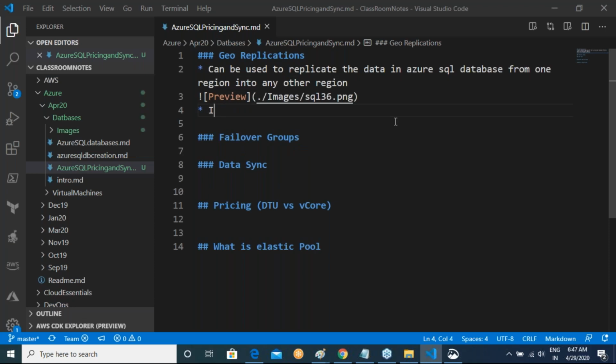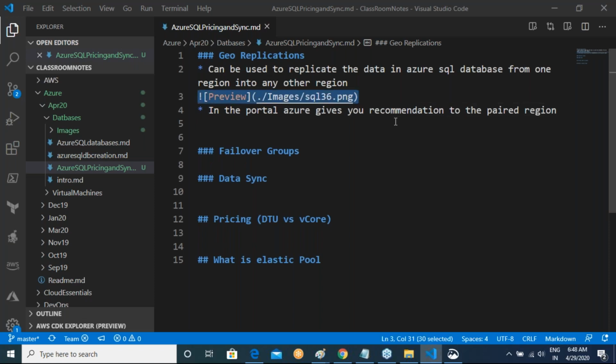In the portal, Azure gives you a recommendation to the paired region. So what is a paired region?